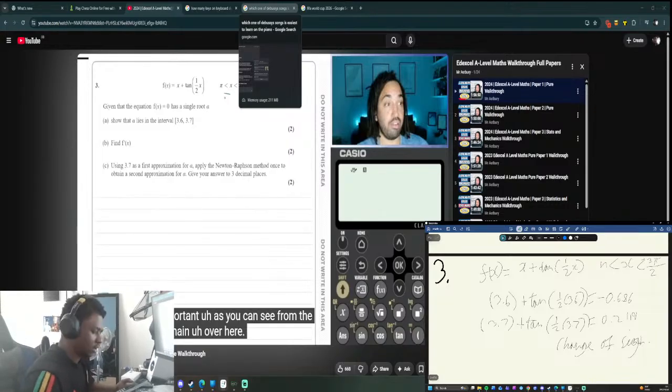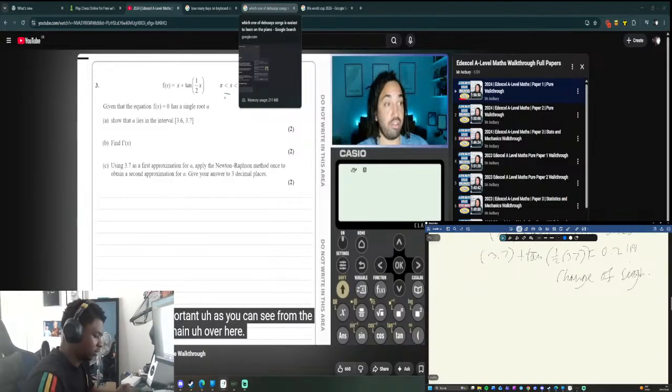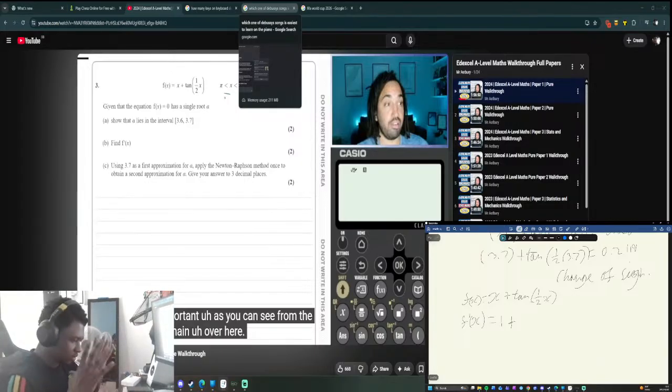Okay, that's 2 marks. Find the derivative. So you need to differentiate x plus tan half x. f'(x) is 1 plus, what does tan differentiate to?